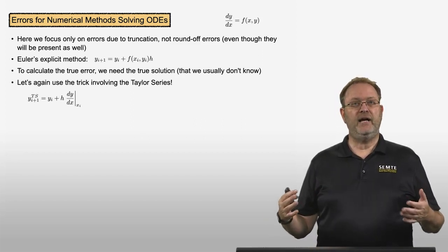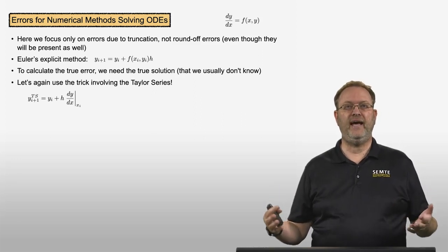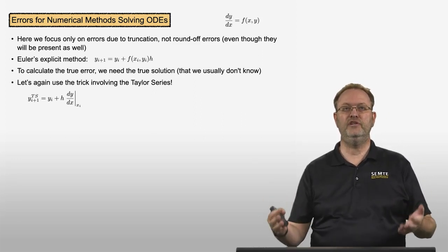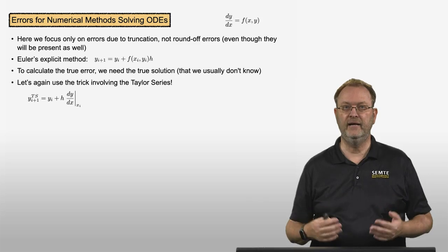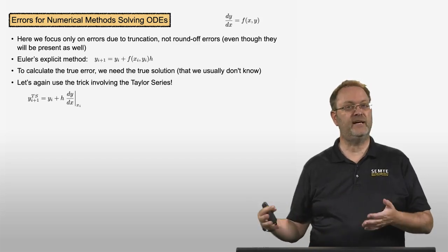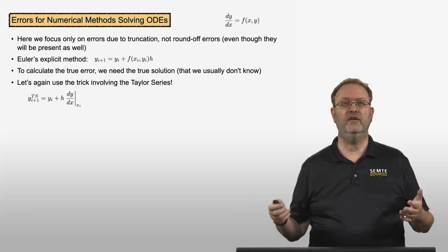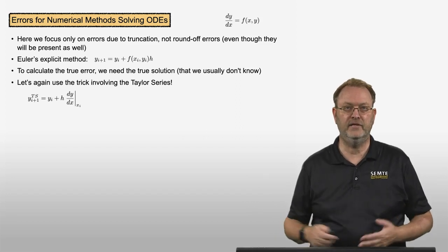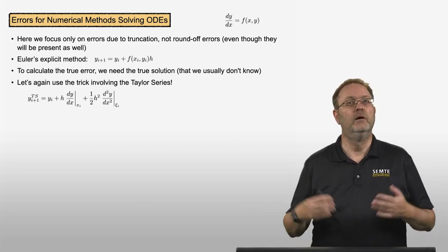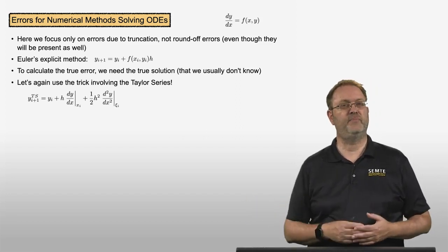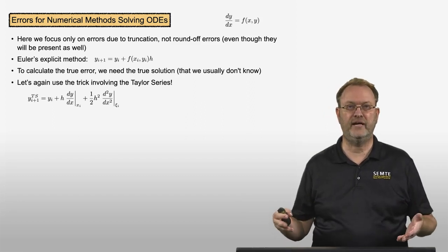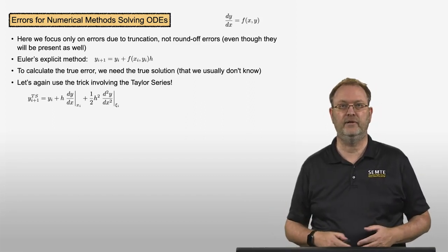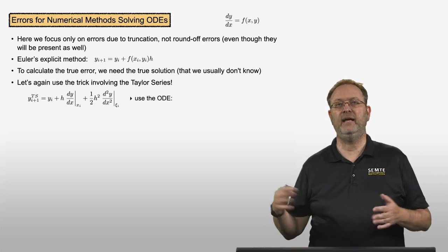So let me write my true solution as my solution at the point i plus a step size h times the first derivative at the point x_i plus, in a Taylor series expansion, 1/2 h squared times the second derivative at the grid point x_i, and so on.